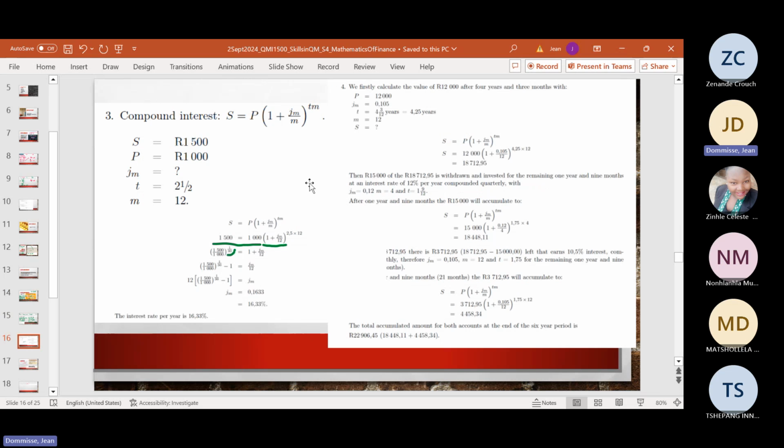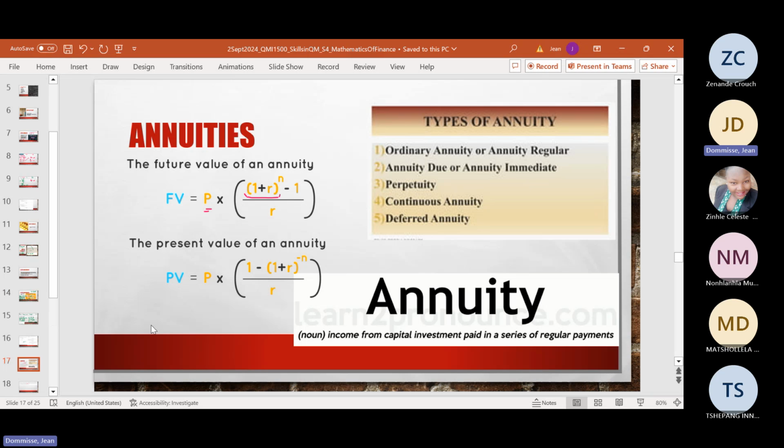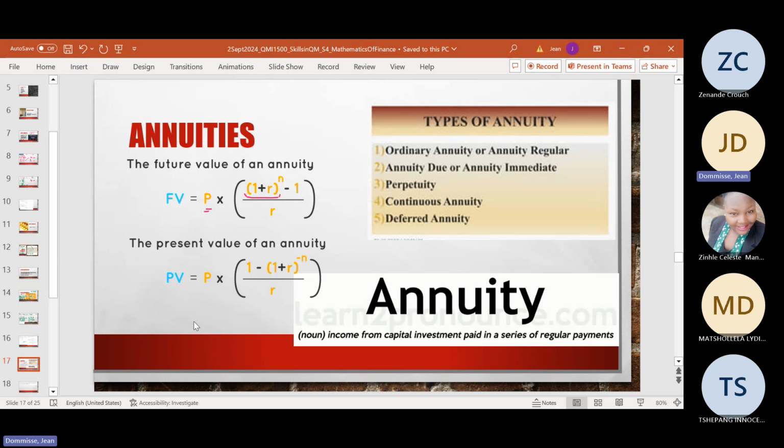Okay, so just again a bit of background in what we did last week. We did one or two examples as well. So this week we're starting off with annuities. There are a few different types of annuities, but annuities comes down to basically you putting away, on a continuous basis, money into an investment or into a savings account.